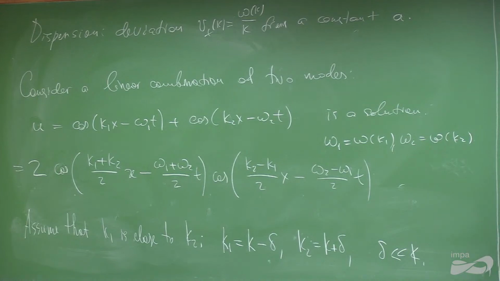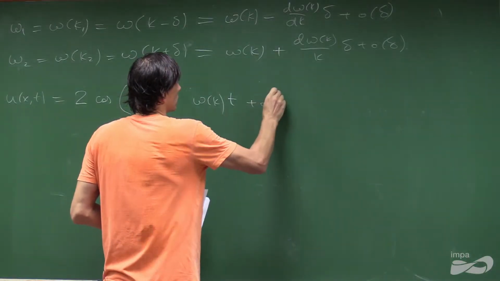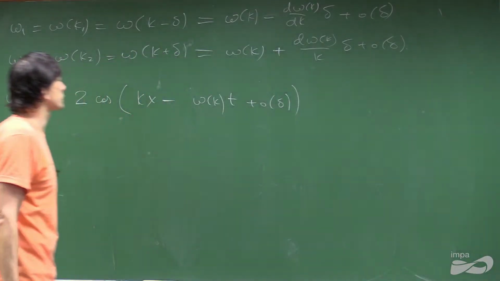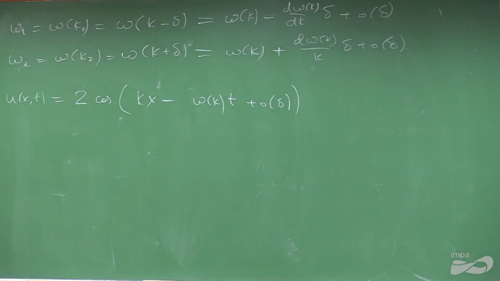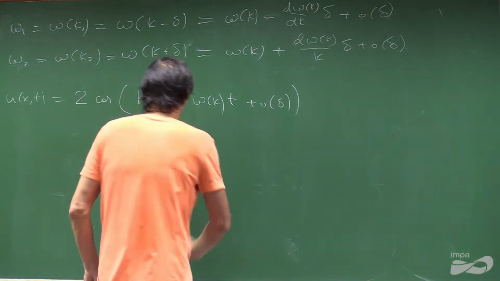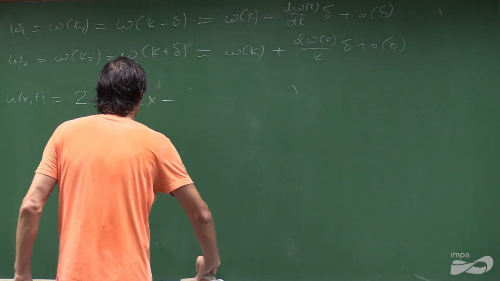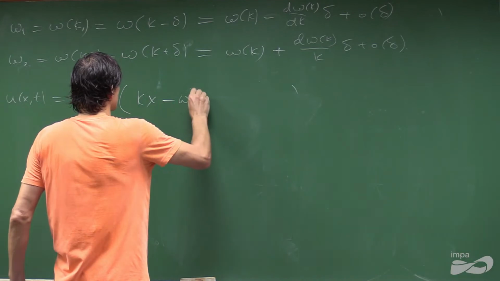Sum of the first order term cancel, and then there will be just a small term. So that's the first cosine. And the second cosine, so let's put it more compact. Save space.